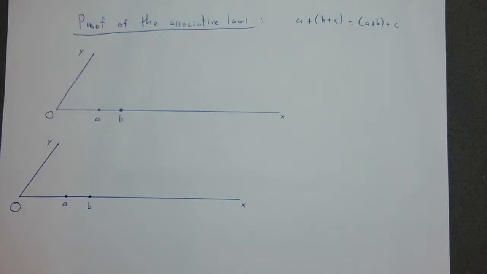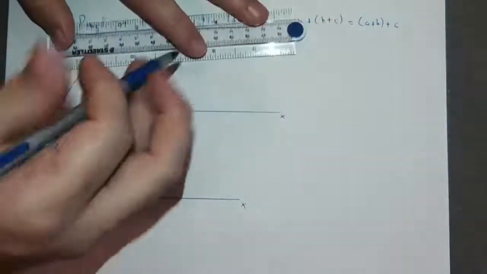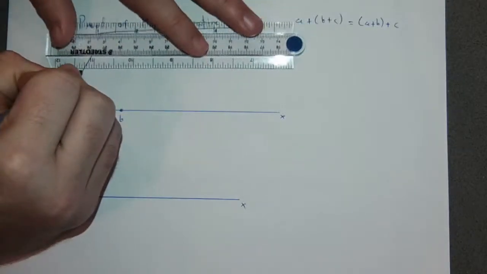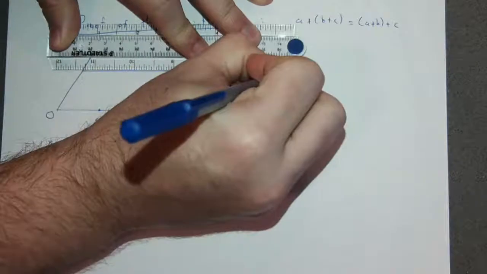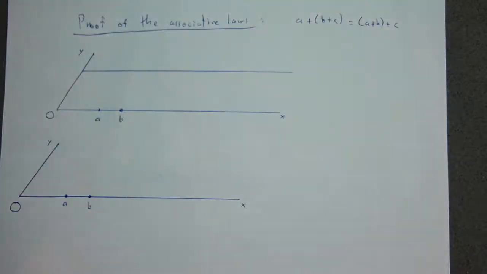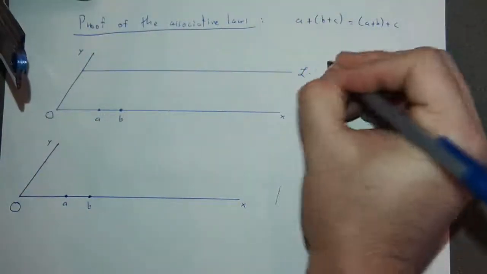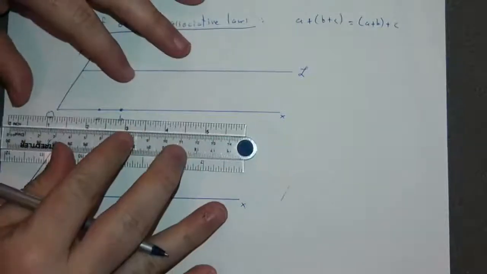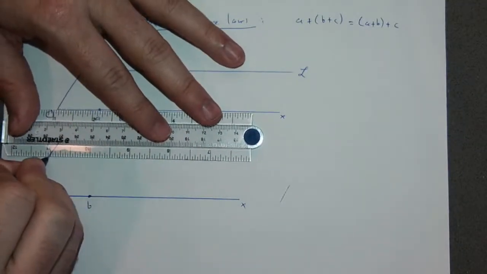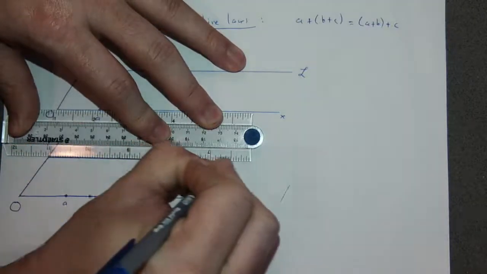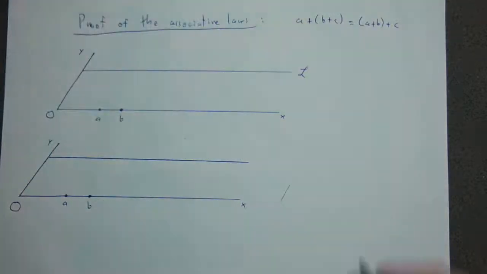So what do I do? First, I need my parallel line L. So let's draw in my parallel line L here, and draw in roughly the same L here. All right, so here's my line parallel to the x-axis.